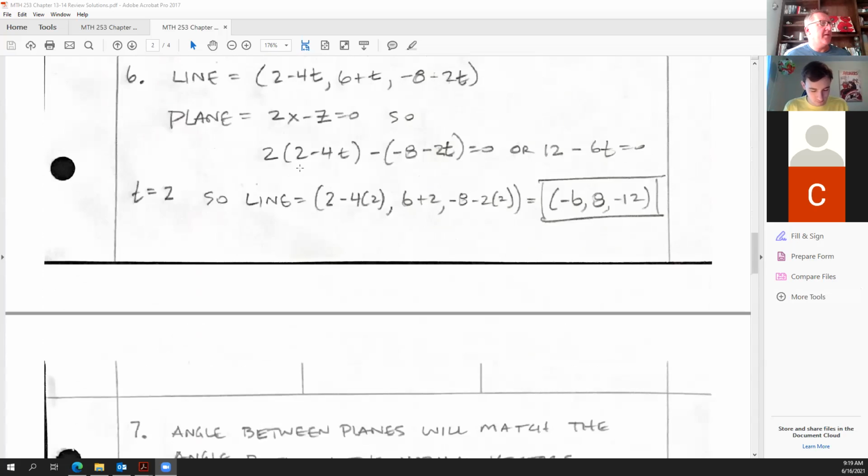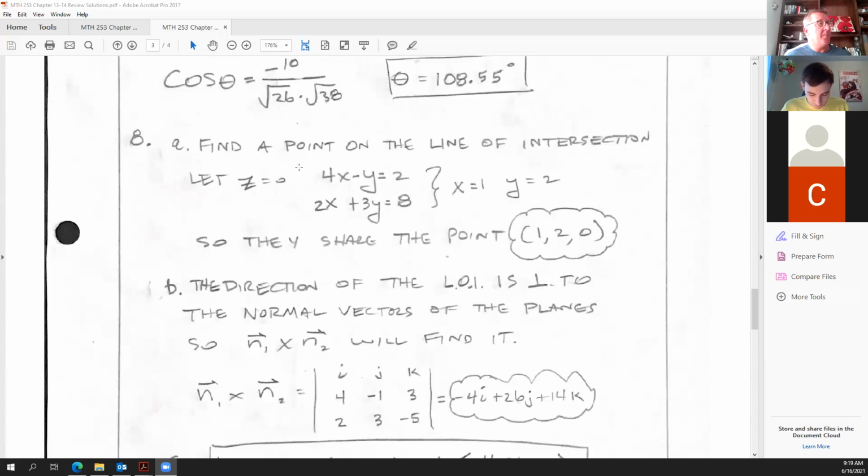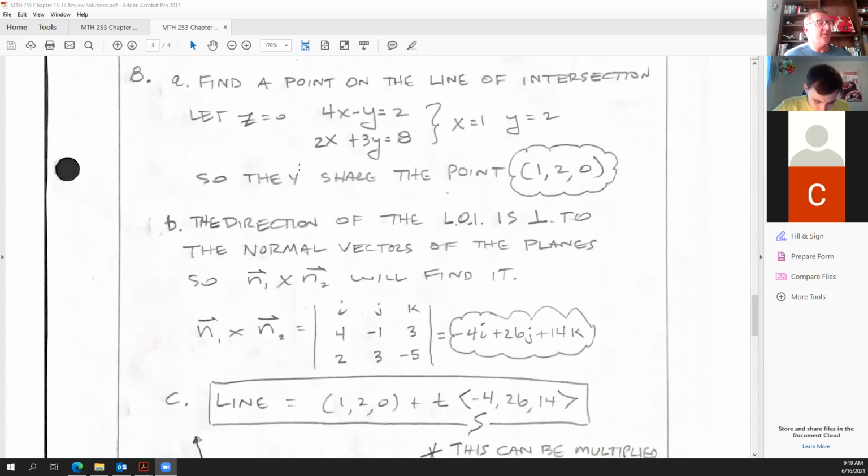I just want you to see how differently I did it using the mnemonic technique on here. And yet we got the same answer. Well, kind of the same answer.